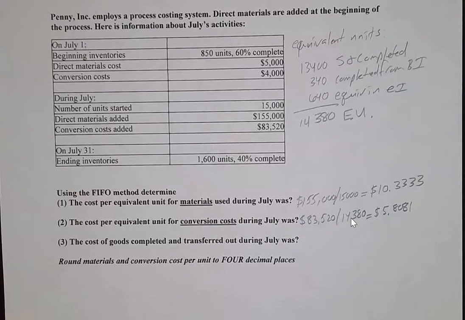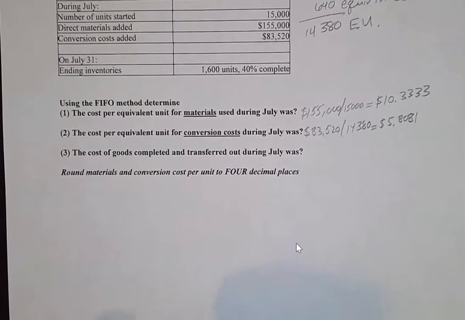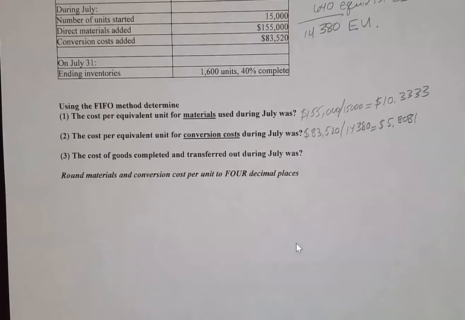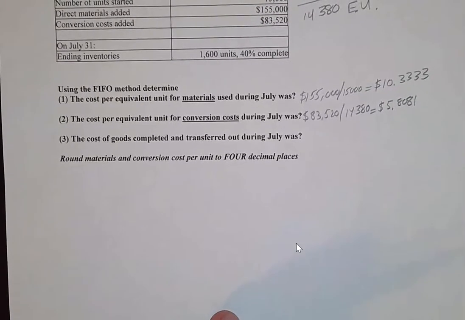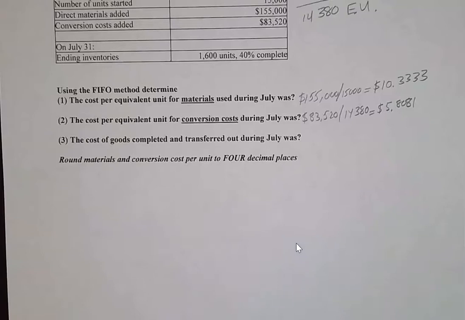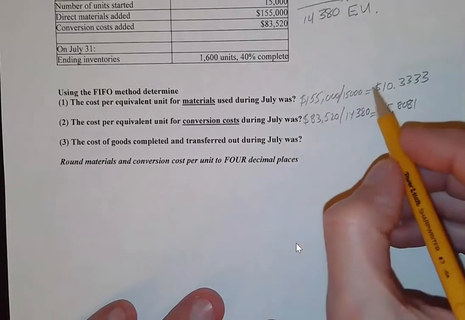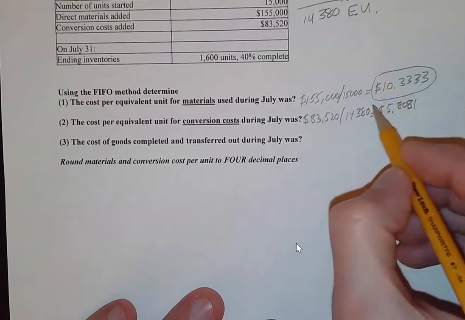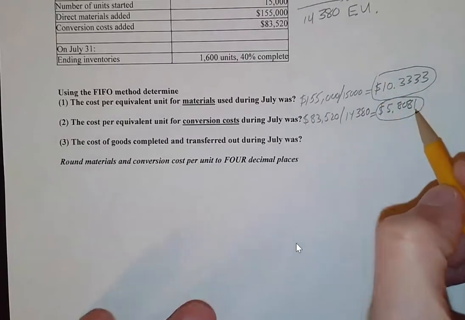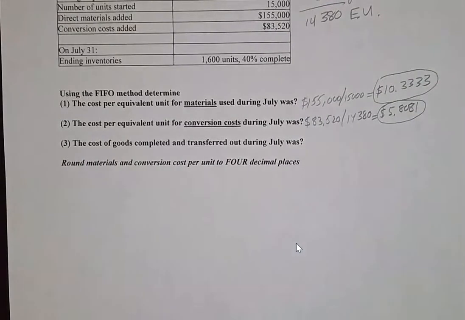Okay, so the cost of goods completed and transferred out during July was... this is pretty good information here, but we're going to have to do some calculations. Probably could have done this number 1 down here and number 2 down here. We've got plenty of room on this paper, but that's okay. Let's put a little circle around this to indicate that that's our answer so the teacher doesn't get confused, for parts 1 and 2.